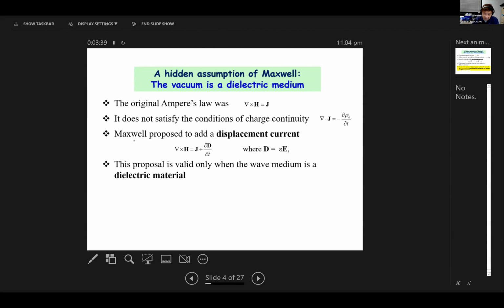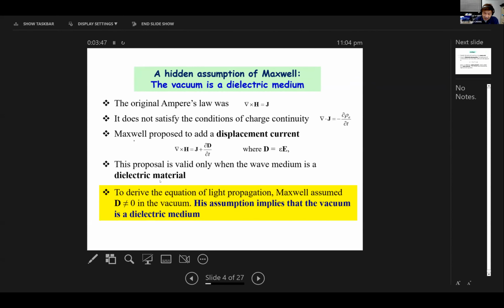Therefore, what Maxwell did is only valid if the medium is a dielectric medium. Later, when Maxwell derived the equation of light propagation, he assumed that the external current J is 0, but the D is not 0. So the time derivative of D is still there for the vacuum. Now, how can that work?